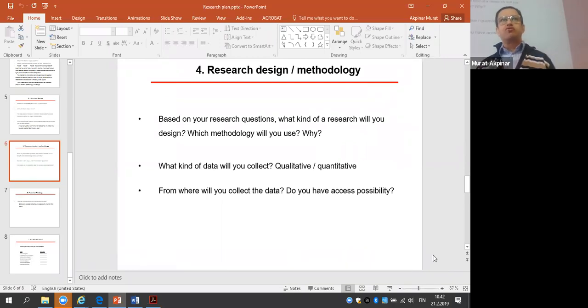So the fourth section in the research plan is the methodology, research design methodology. Here we are asking for the approach. Now, the idea of making a literature review is not only to show that you have read a lot of things. In the thesis, everything should be connected nicely with each other, starting from your research questions.